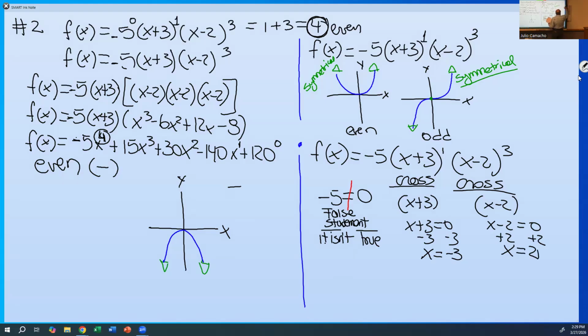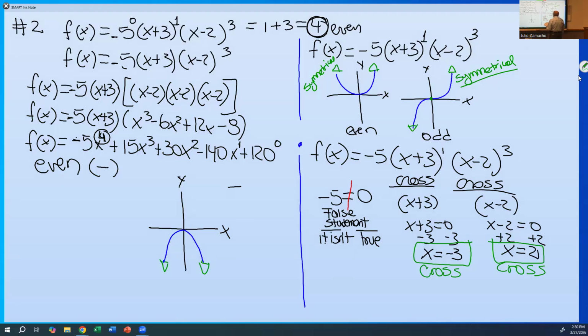So we have two values. We have two places: when x is -3 and when x is 2. That is the two places where the graph will cross the x-axis.